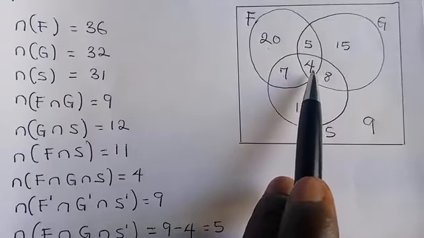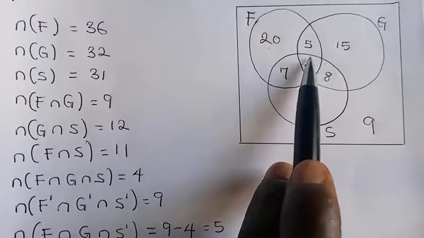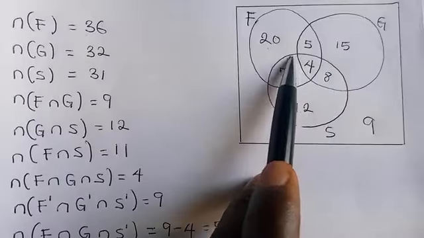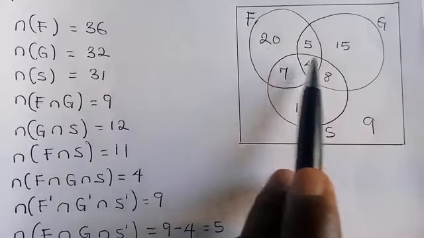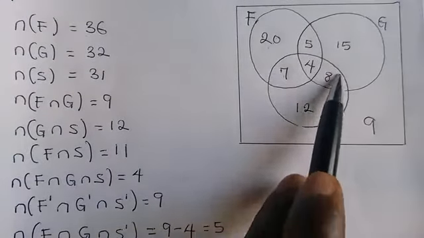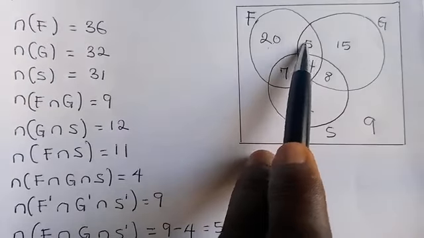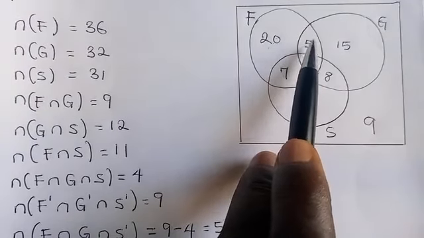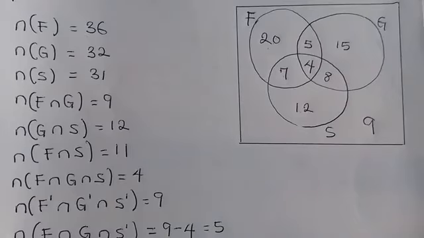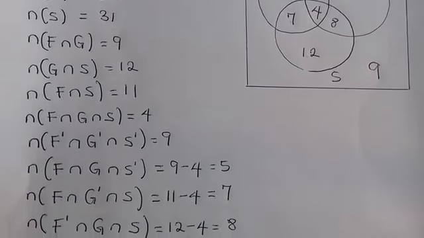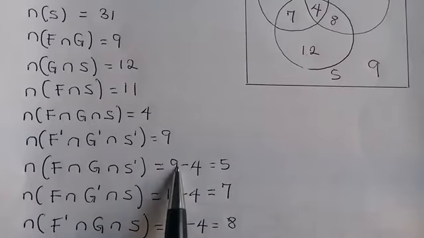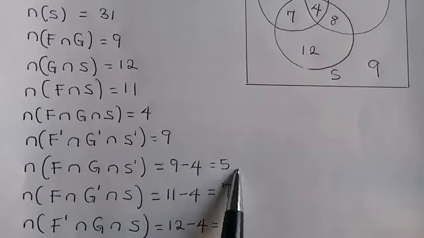But we are told that we should consider only French and German, but not Spanish. So we are going to exclude this 4, even though 4 was also shared by French and German and Spanish. But since we don't want to have anything to do with Spanish in this particular question, we are going to use only 5. That is where we have French and German, but not Spanish. Looking at the data we extracted earlier, we have 9 minus 4, giving us 5.